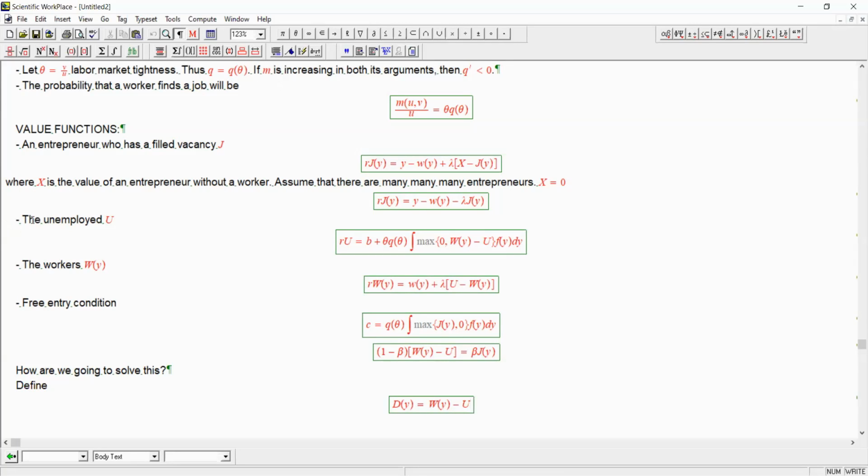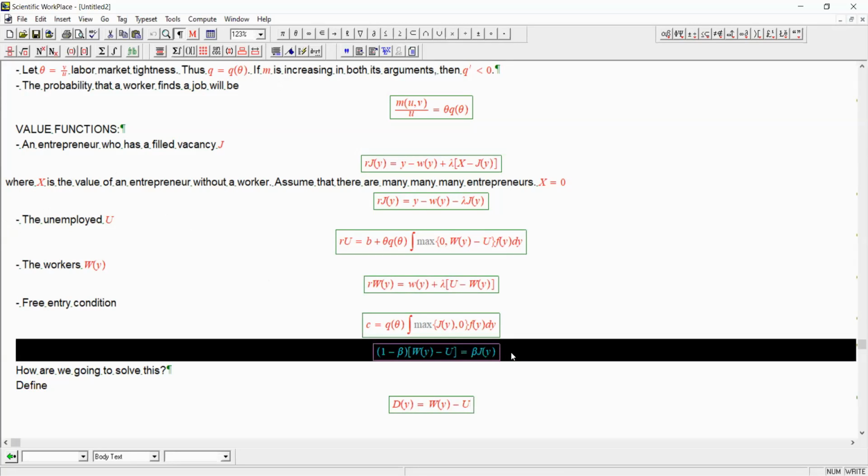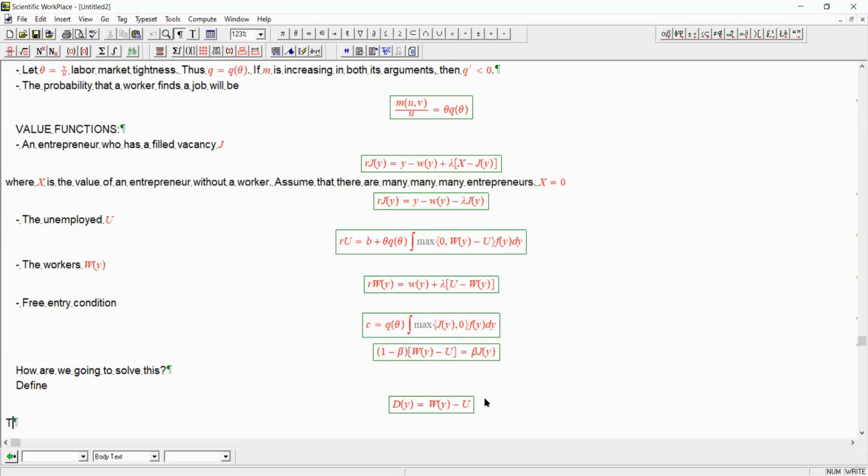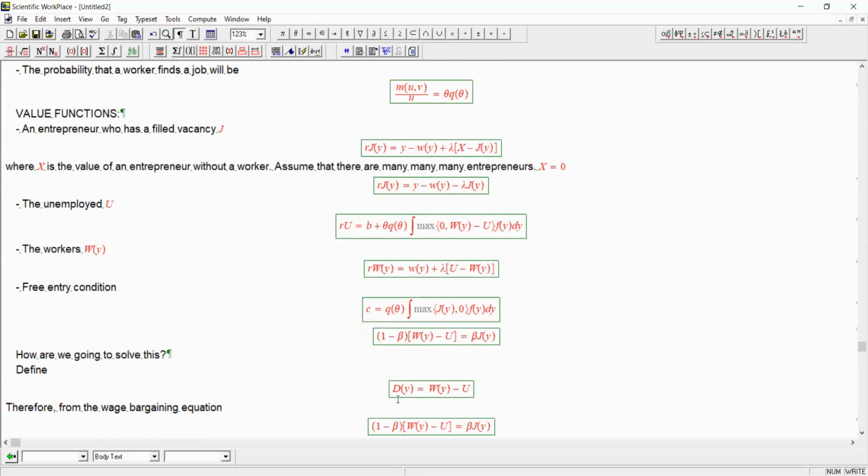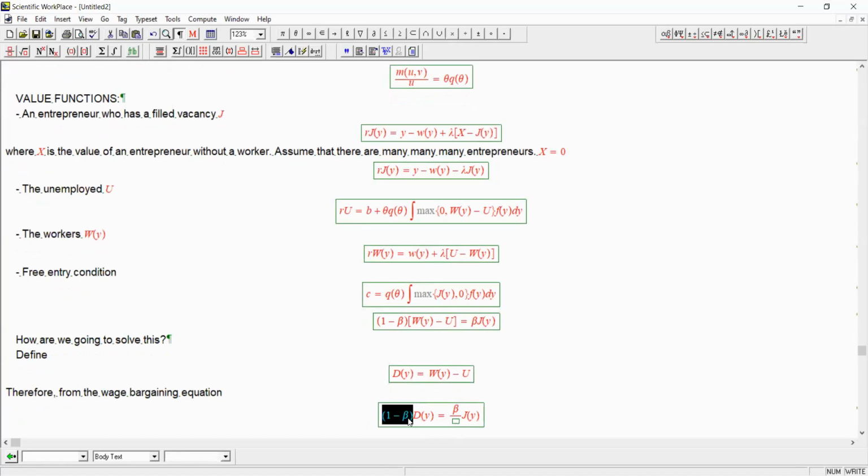Now, from here, you can see very clearly that from the wage bargaining equation, this is d of y. So d of y is a simple function of what the firms get.